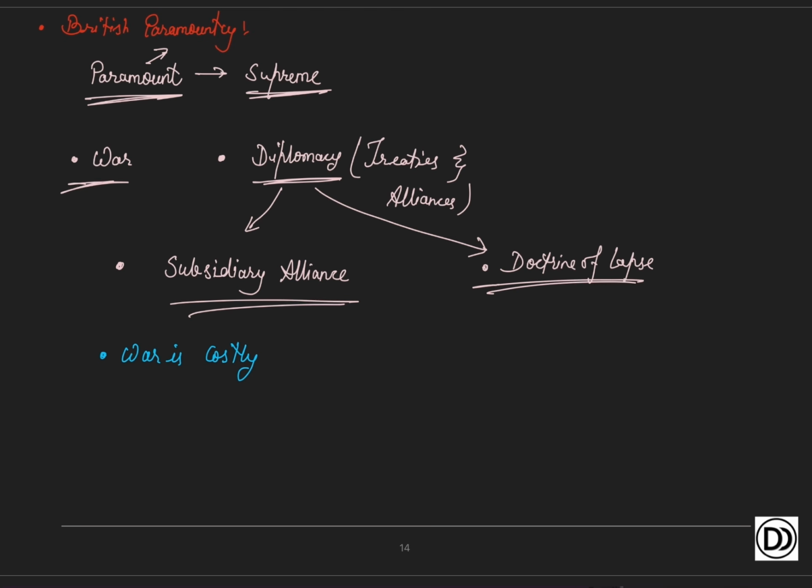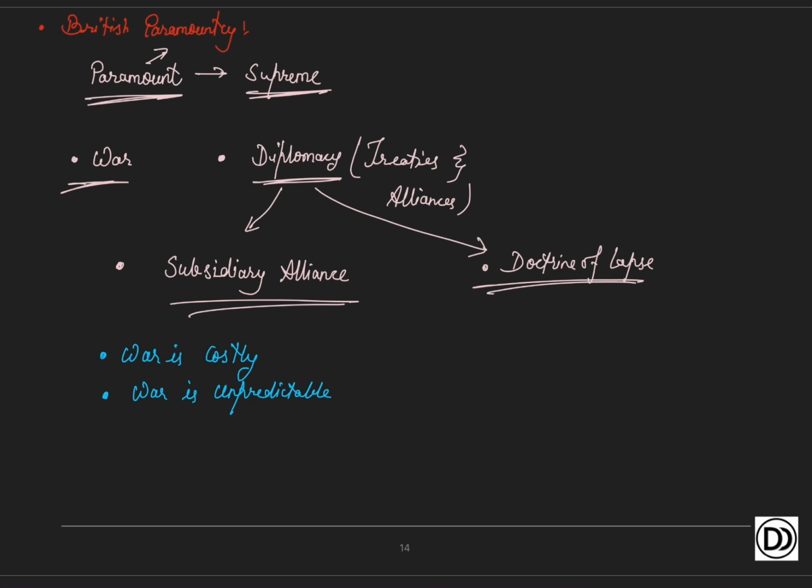You have to feed the soldiers. You need stock, weapons, expenses, horses, and it is risky. So there is expense, and war is unpredictable. Even after spending money and sacrificing your soldiers, it is not always guaranteed that you will win the war.